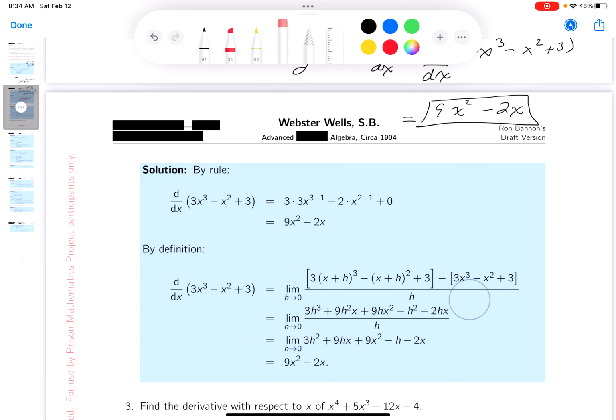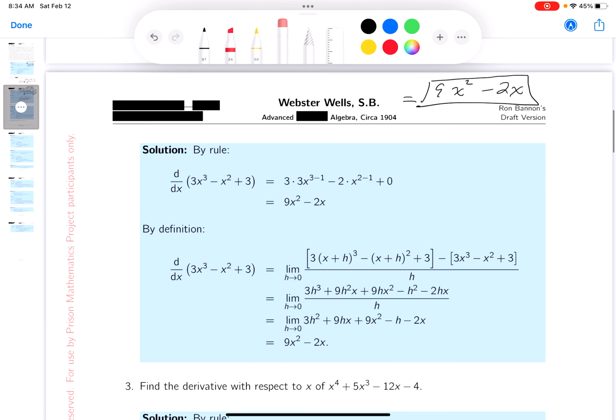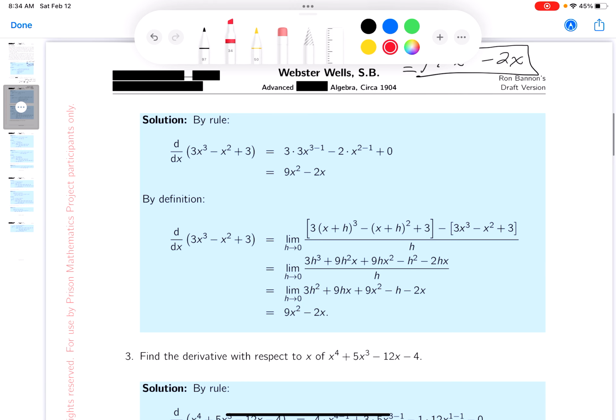Now, of course, someone says, what's the next thing to do? Well, the limit says h isn't equal to 0, so I can divide through by h. Every term on top will be divided by an h. So 3h cubed divided by h is 3h squared. 9h squared x divided by h is 9hx. 9hx squared divided by h is 9x squared.